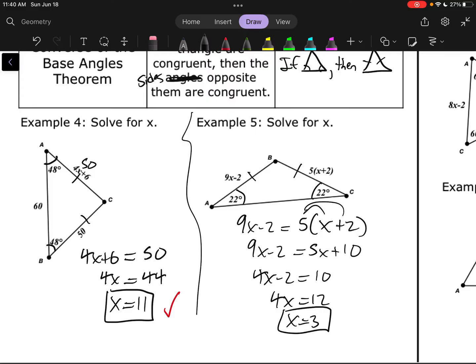Plugging the 3 back in, 3 plus 2 is 5. So 5 times 5 is 25. Over here, 9 times 3 is 27. 27 minus 2 is 25. So that looks good to me. Checked our work, we get a check mark.